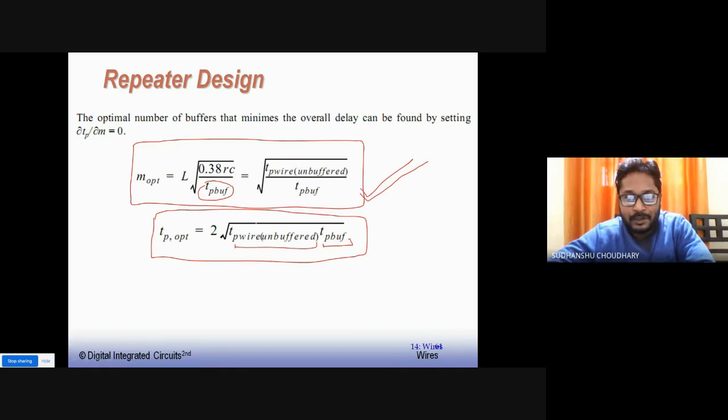So these two things will be utilized to calculate the optimum propagation delay of this line which has buffers placed in between to keep the signal strength same at the output as the input.